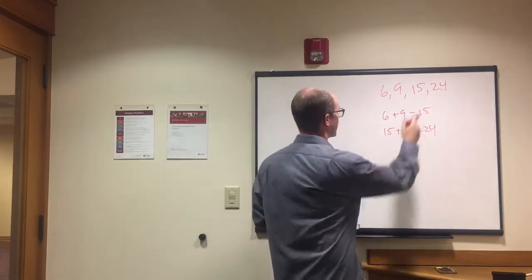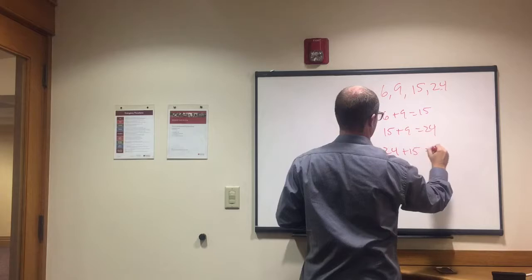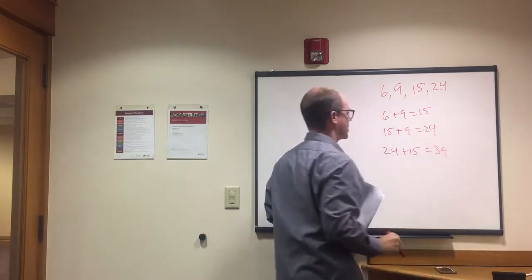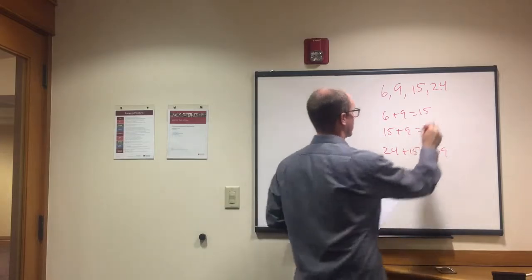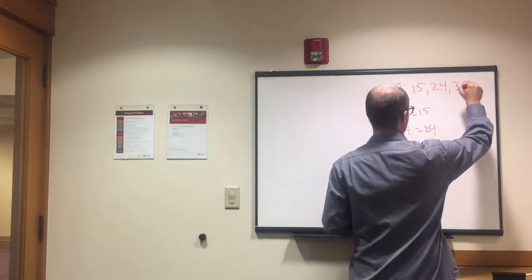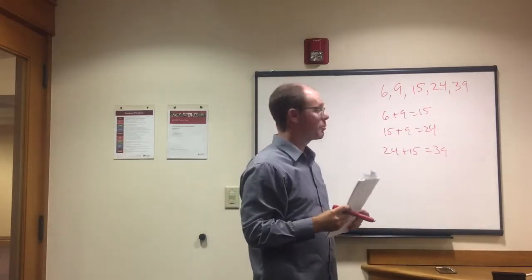Okay, so what would the next number be? Adding these two together, 24 plus 15 equals 39. Okay, and if we did one more even, right, so I think you do this also. Actually, they might give you 5 numbers, but 4 was enough to recognize the pattern.